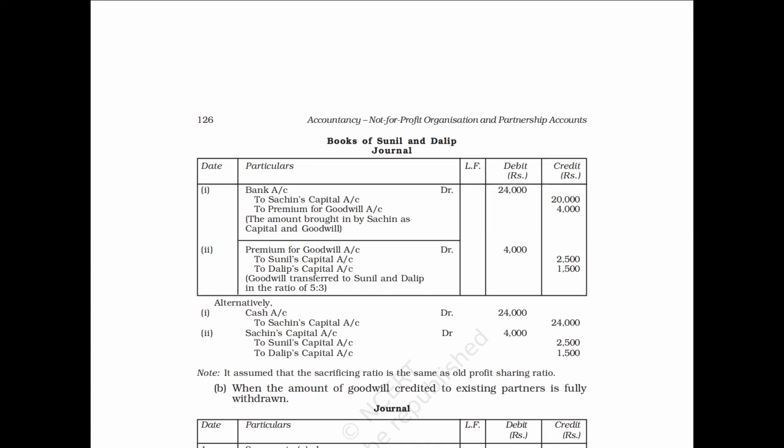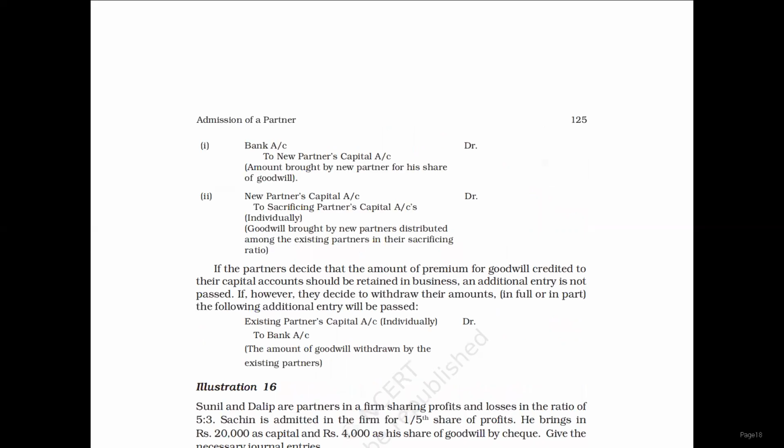Now, we already discussed the premium for goodwill. The premium for goodwill is shared by the old partners in their old ratio, in their sacrificing ratio. See, premium for goodwill account debit to the two old partners' capital accounts, Sunil's capital and Dalip's capital, 4,000 into, see, in your sum they have given the old ratio.